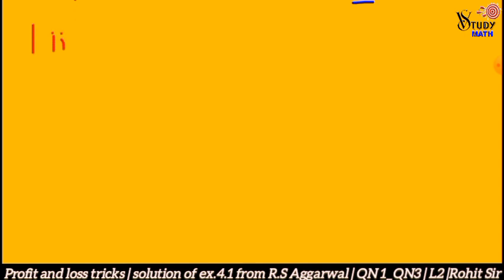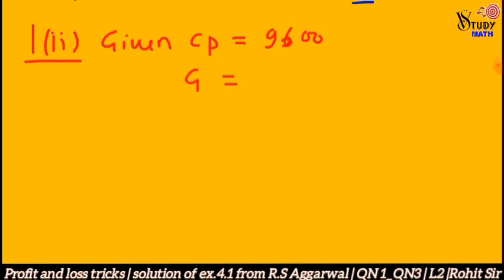First, second part. Given here CP is equal to 9600, gain is given here 16 2 by 3%. Let's open this fraction. 16 3s are 48 and 2 is 50, so that would be 50 upon 3%.